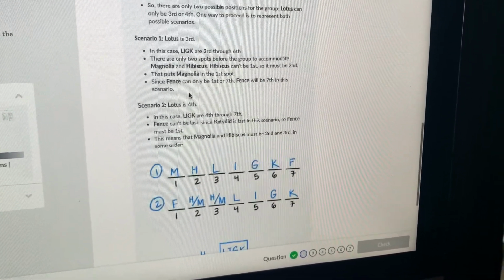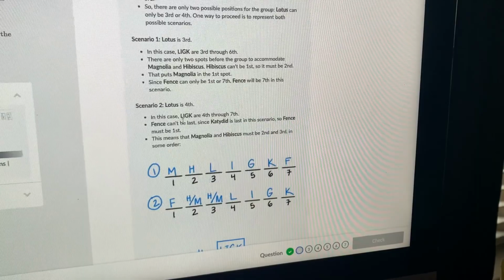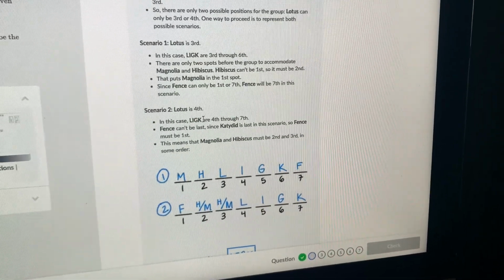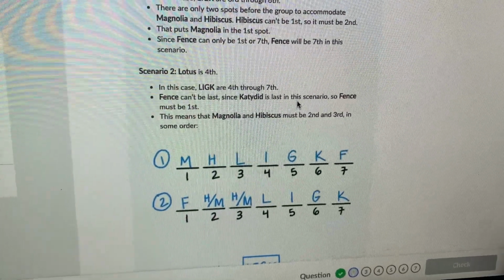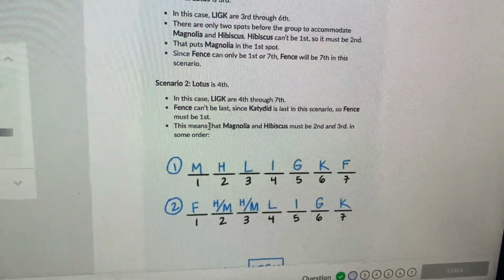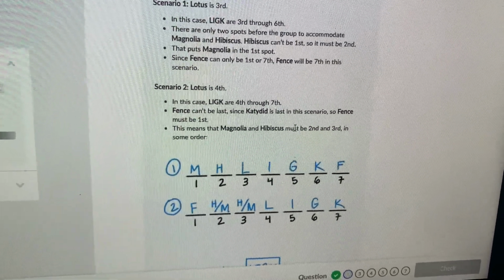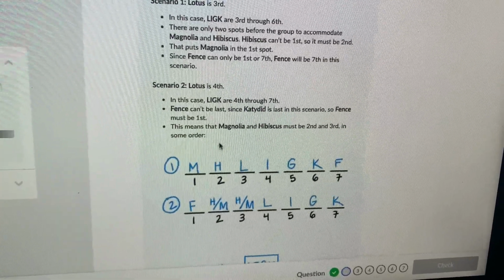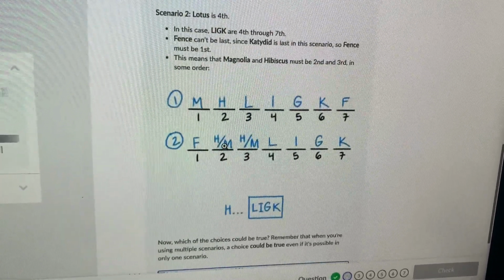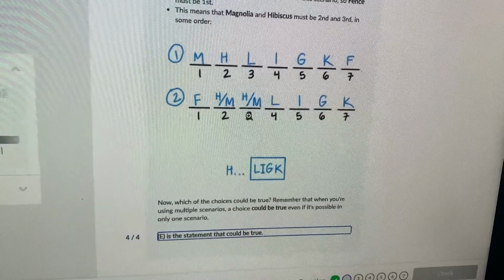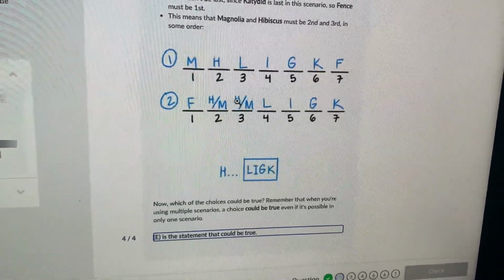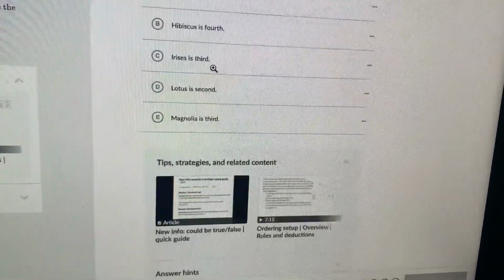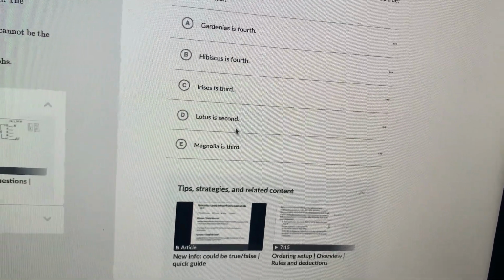What? Okay. In this case, L, I, G, K are 4 through 7. This can't be less since K is last in the scenario. So F must be 1. This means M and H must be second and third in some order. And M is third is the only choice that made sense.